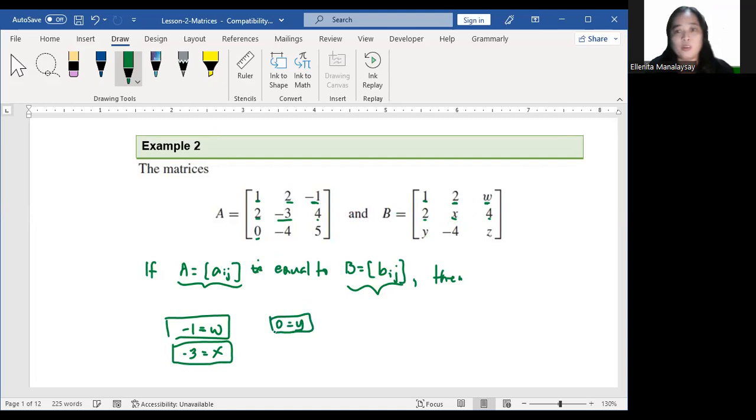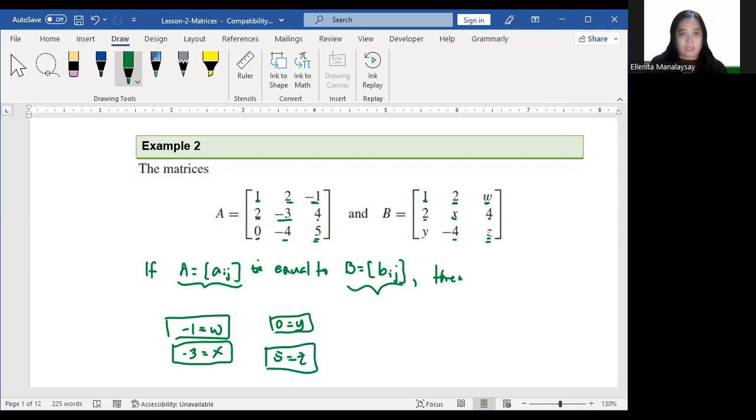So y is a variable, but matrix A and matrix B will be equal only if y is equal to 0. Next, third row, second column, we have -4 is equal to -4, and that is correct. And third row, third column, 5 is equal to z.